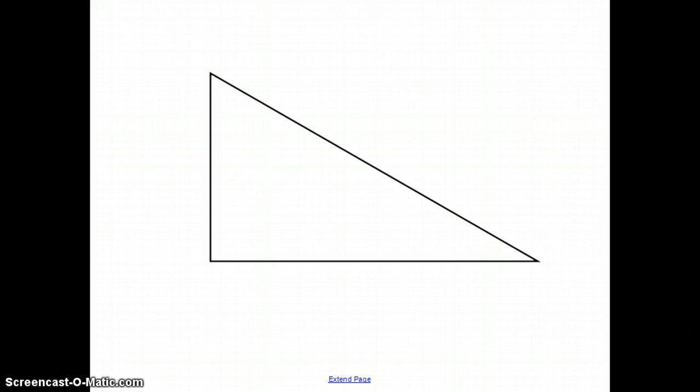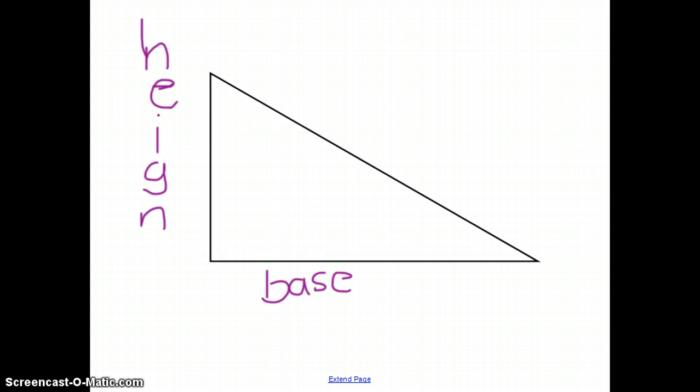So here on this triangle, we have our base, which is the bottom, or if we lay one part flat, the base, okay? And then we have another part, and that's the height. So this measurement over here is going to be the height.